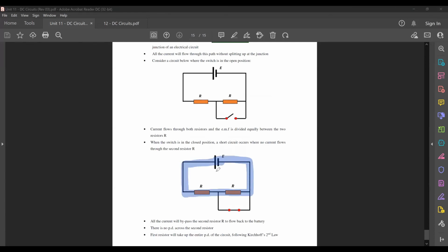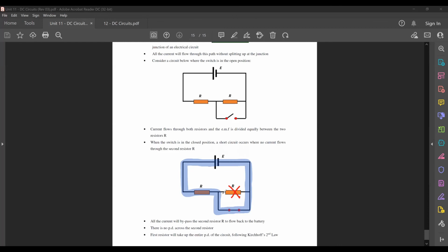This is the closed loop that I considered. But right now, once you close the switch, the closed loop that you need to consider is actually this one. You will not consider this one.